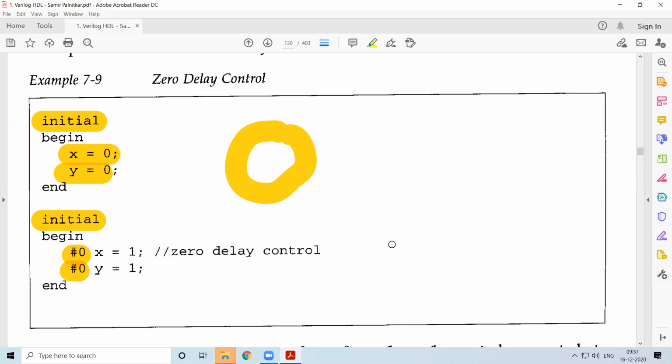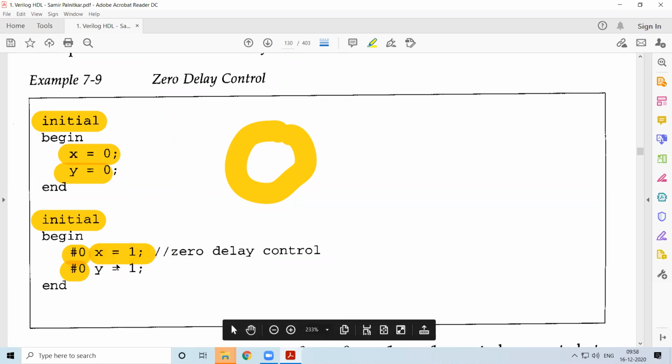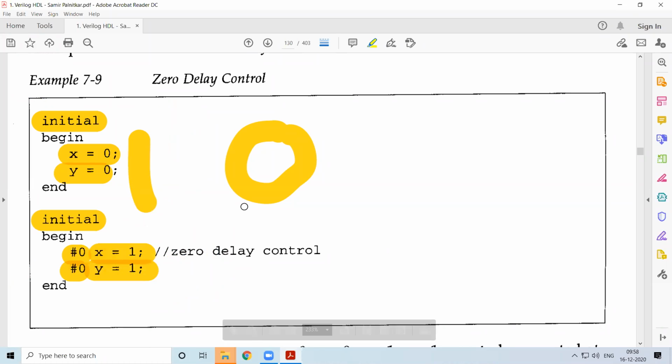So now you want to execute these statements in the end, once all the rest of the statements are executed. So this initial block and this initial block start at time unit t equal to 0. X is assigned 0, y is assigned 0. All the instructions are being executed. Since only two are there, all instructions are executed. Now, since there is a #0 over here, after this execution only, these executions take place, that is x equal to 1 and y equal to 1.